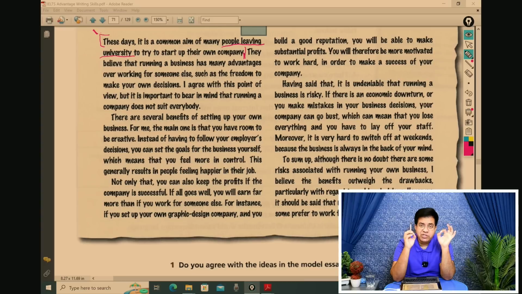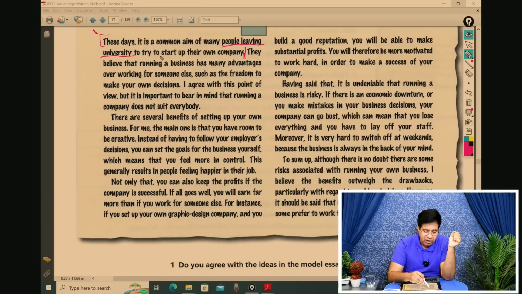If you understand the mechanism of this essay, you can write any opinion essay, number of sentences, paragraphing, and all that. To try to start up. Wow, startup is a good business. There are many startups in your country, start up their own company. For business, they use the word company. So this is sentence number 1, and we call it a general sentence about the topic.